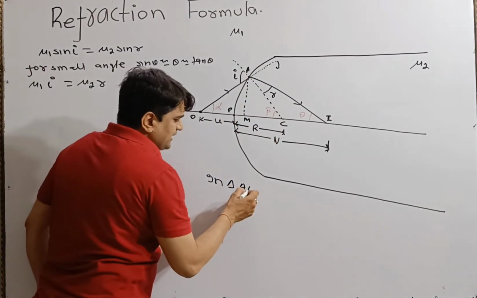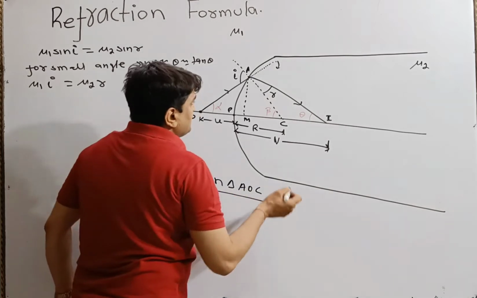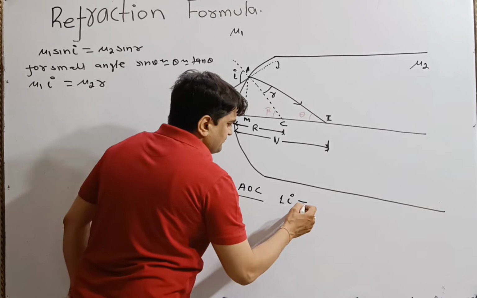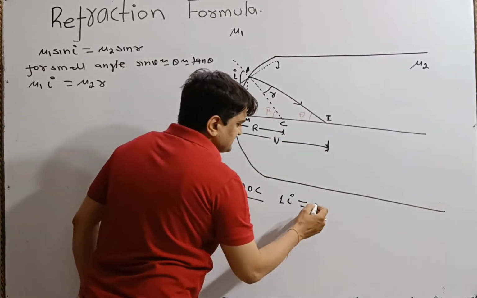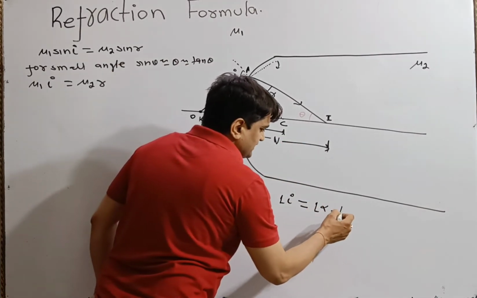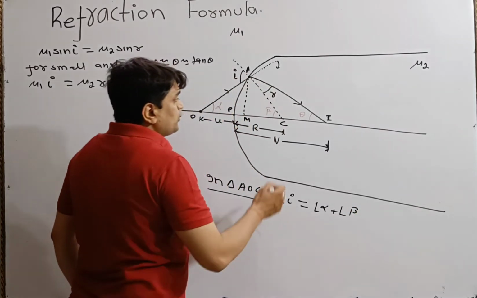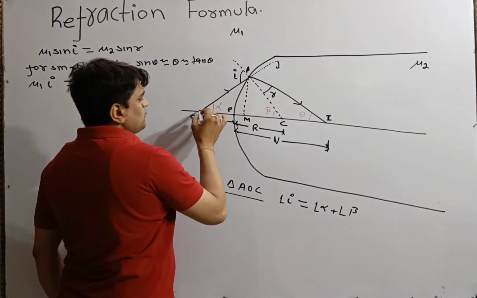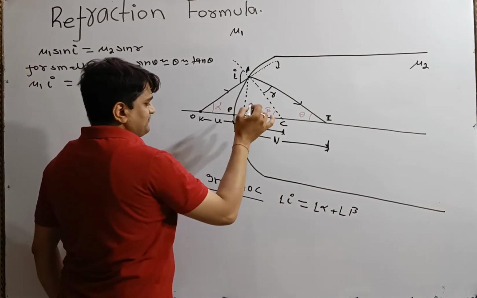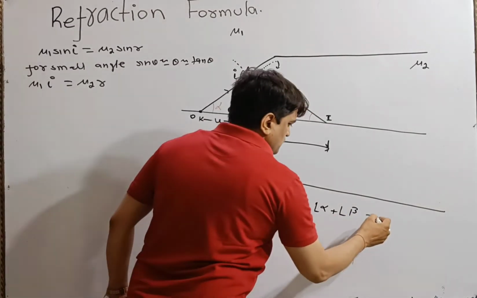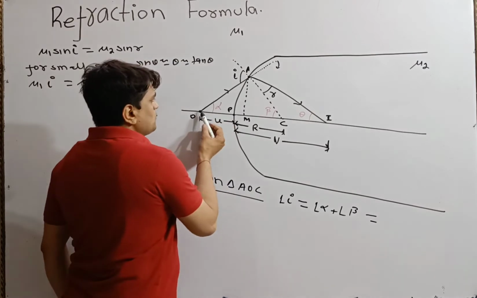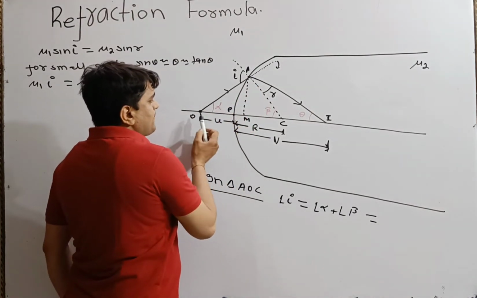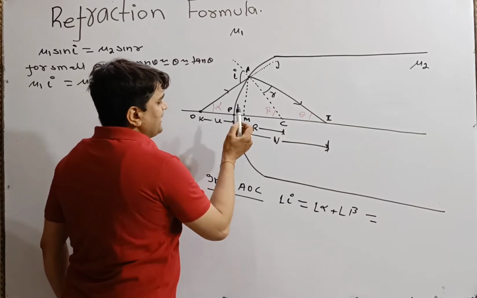In triangle AOC we can write angle i must be equal to angle alpha plus angle beta. And what is angle alpha? This is alpha in triangle OAM.